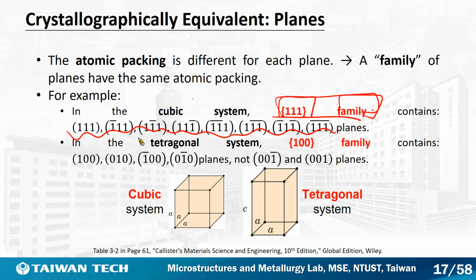You can see here, for the tetragonal system, the 100 family of planes contains these four planes, but not these two, because a equals b not equals c.